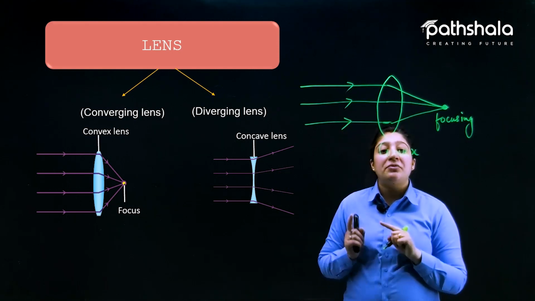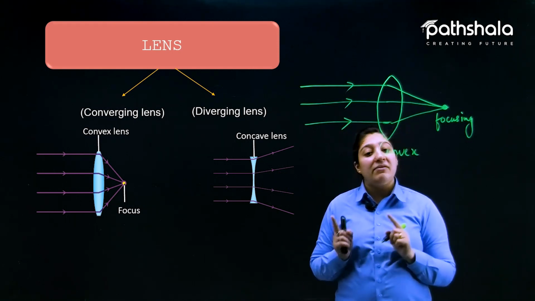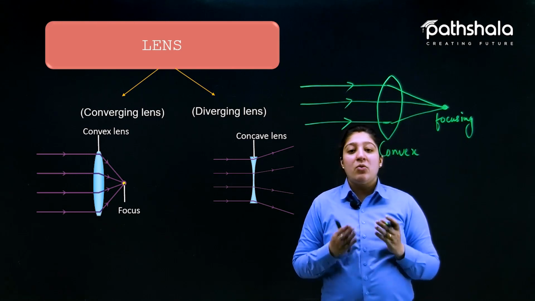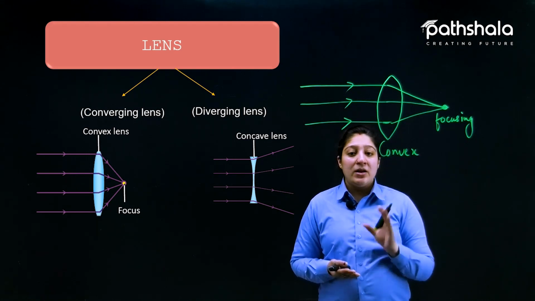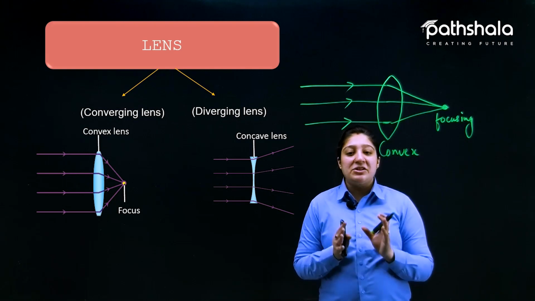But in the case of the concave lens, why is the concave lens known as a diverging lens? What is the meaning of diverge here? You already know, diverge means to spread.